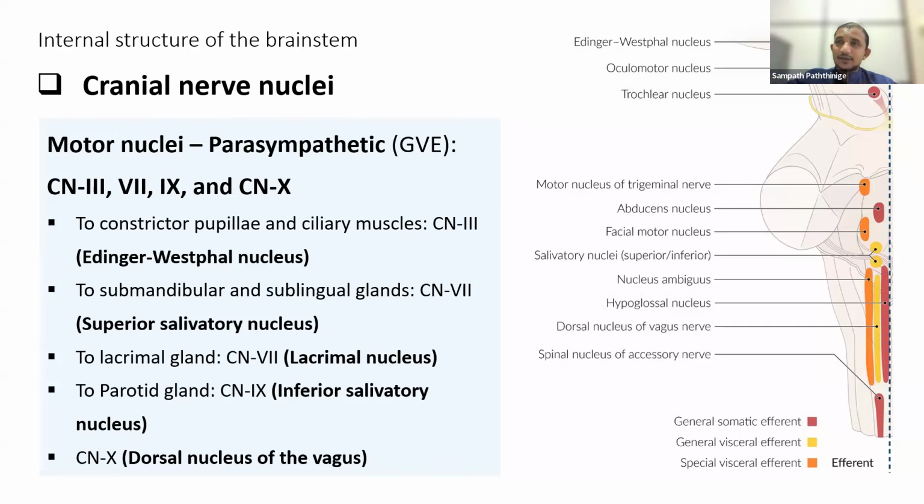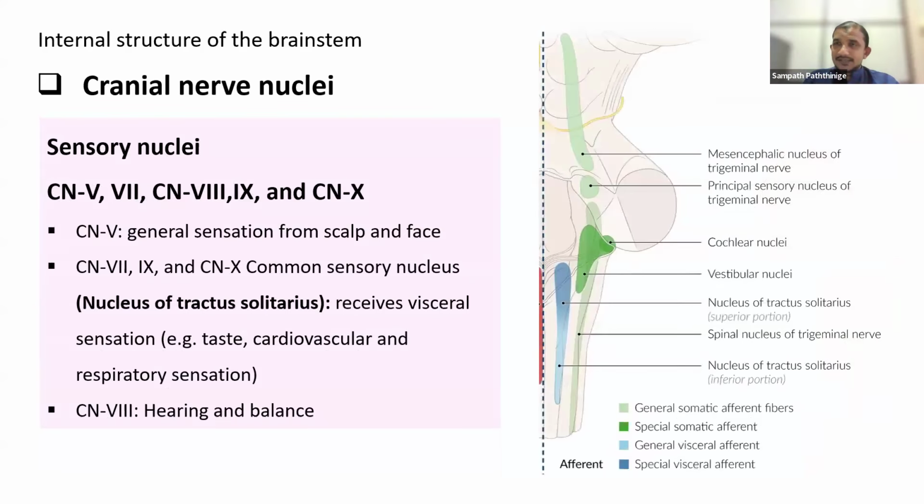So the descending colon and rectum are not supplied by the vagus nerve, but it supplies up to somewhere in the middle of the transverse colon.